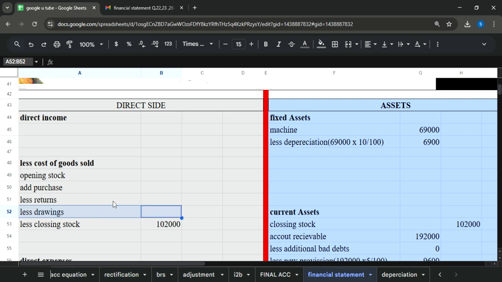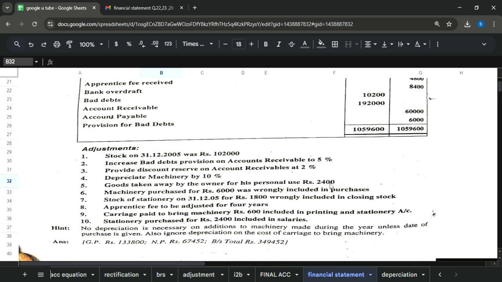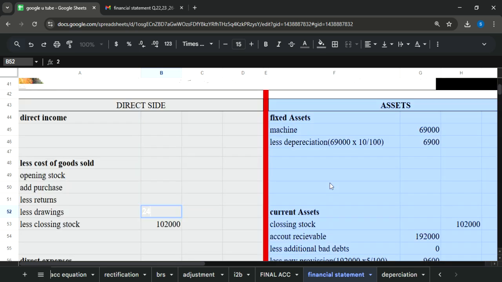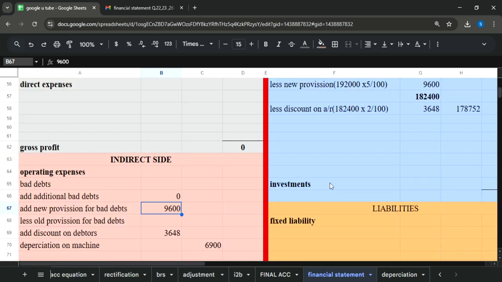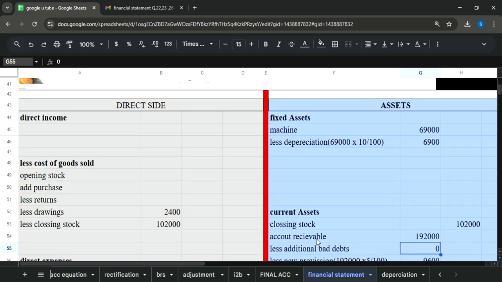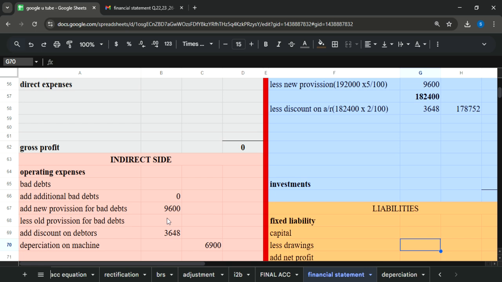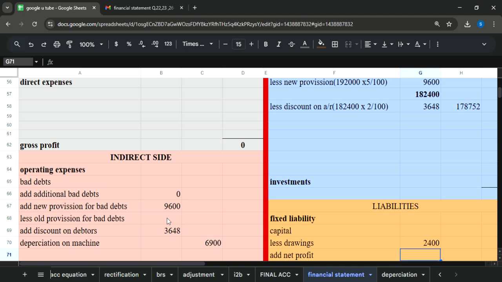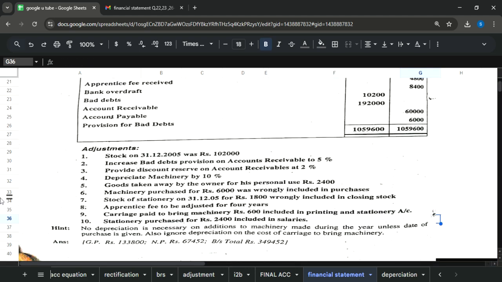It might be possible that we would have returns as well. The drawings amount is 2400. So the first effect is completed. Now you will go to the fixed liability side, where you will put first capital, then less drawings, then you will add net profit. Right now we are related with drawings, and the amount is 2400. In this way you can see both effects are completed for adjustment number 5.